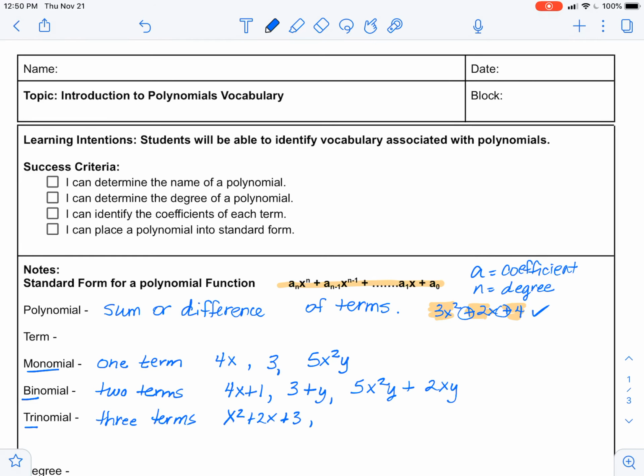But in fact, the trinomial does not have to have the same variables even, because I could have something like that. Or I could have an x squared y plus an xy plus an x, something like that. All of those would be trinomials because they have three terms.